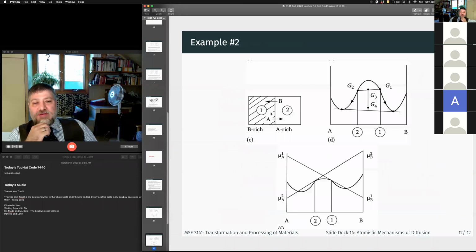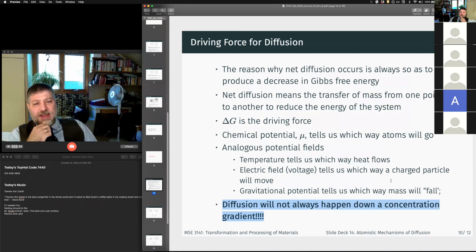And if we have a miscibility gap in our system, when we phase separate, we're actually diffusing atoms against the concentration gradient, but in the direction of our chemical potential gradient, right? So we have to keep in mind that in the simple examples you looked at in chemistry in 2010, the concentration gradient always told you which way things are going to diffuse based on Fick's first and second law.